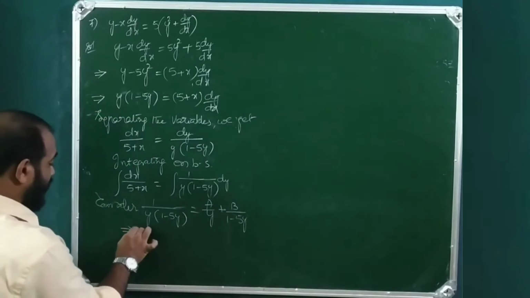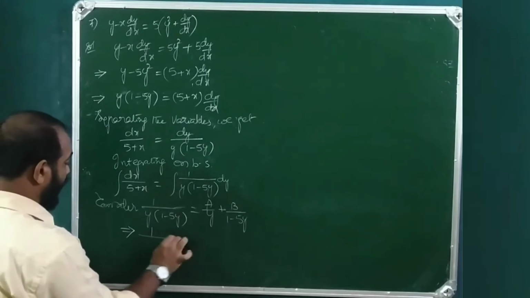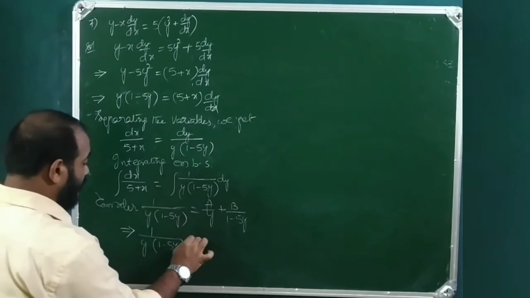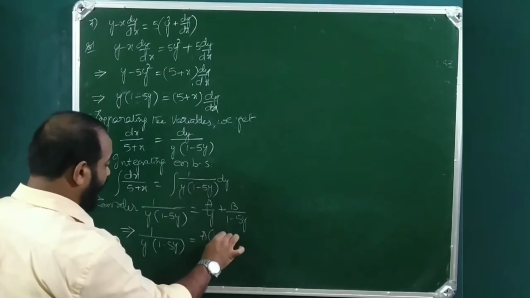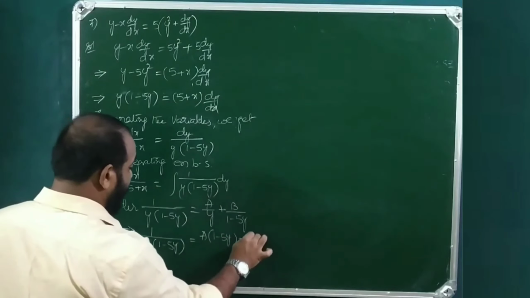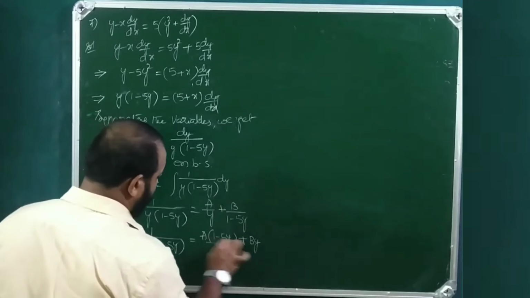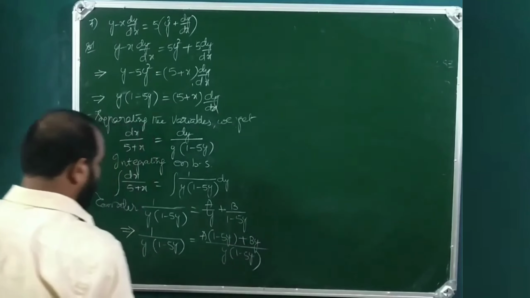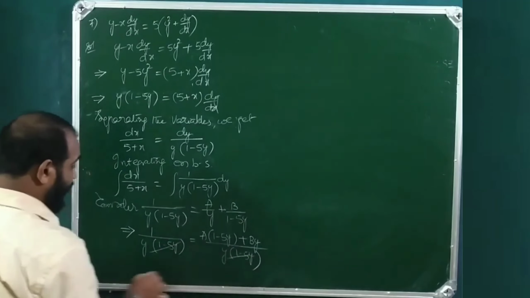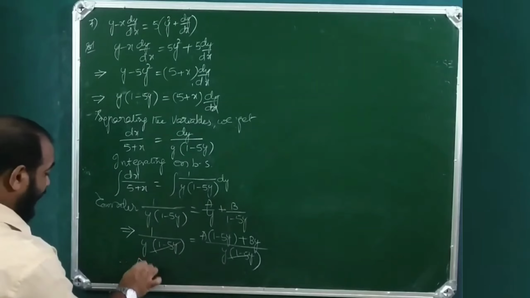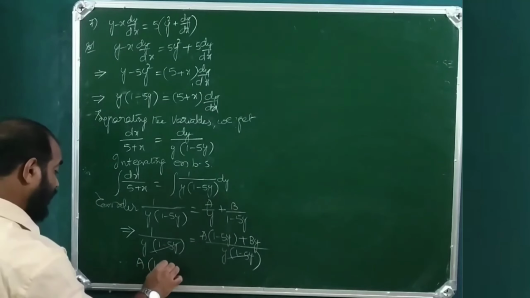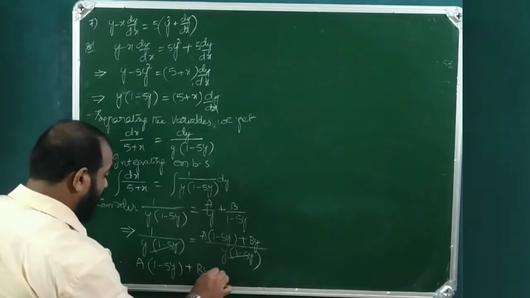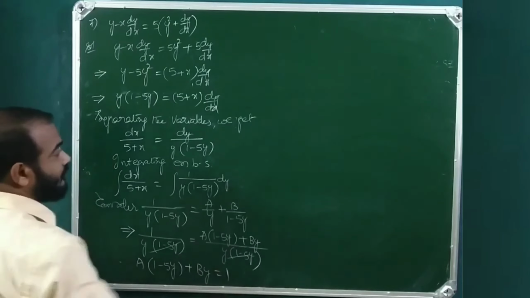This is equal to 1 by y into (1 minus 5y) is equal to a into (1 minus 5y) plus b into y, by y into (1 minus 5y). So cancel. Therefore, a into (1 minus 5y) plus b into y is equal to 1.